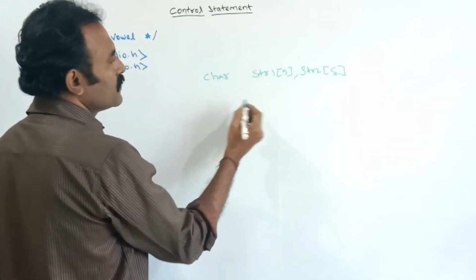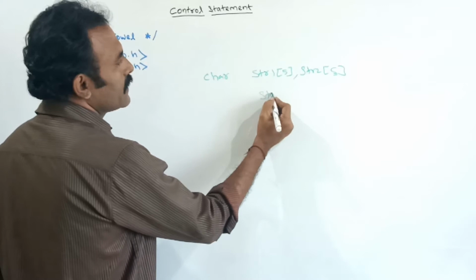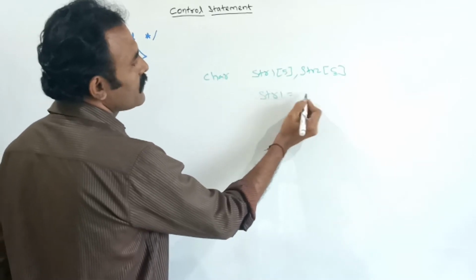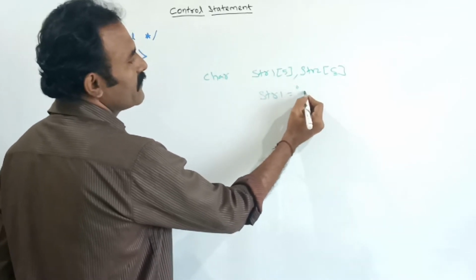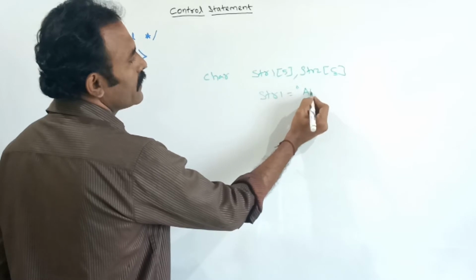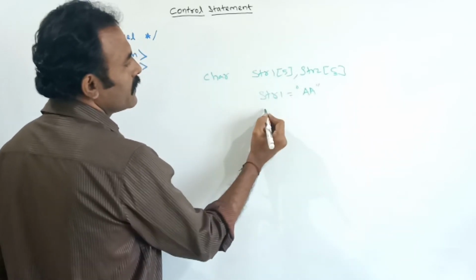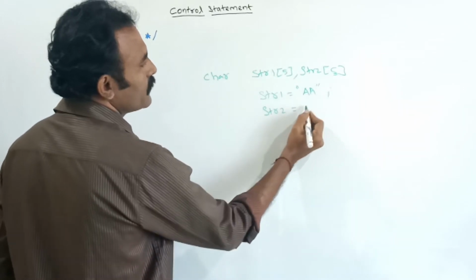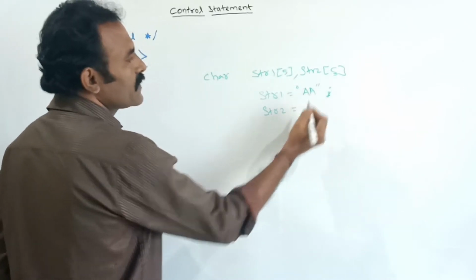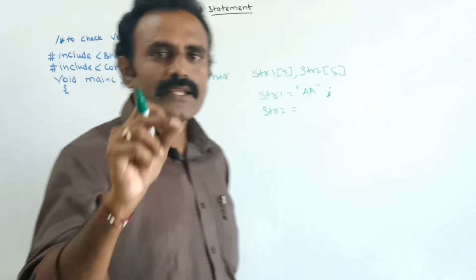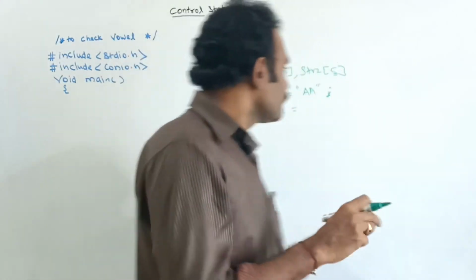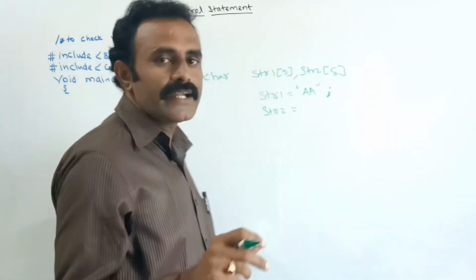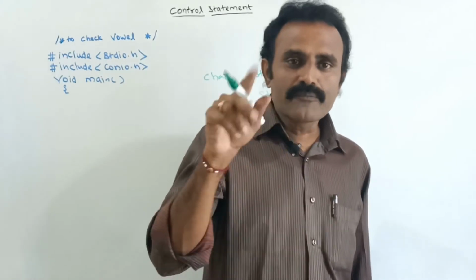See, suppose for example, string 1 is equal to A, and in string 2 I am storing a value. If it is a string, we should store the values within double quotes only. If it is a character, we should denote it by single quotes.